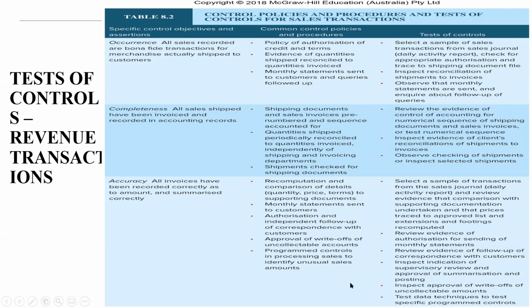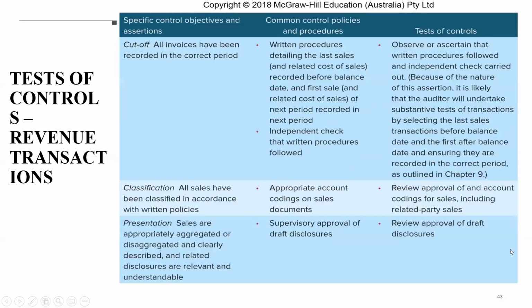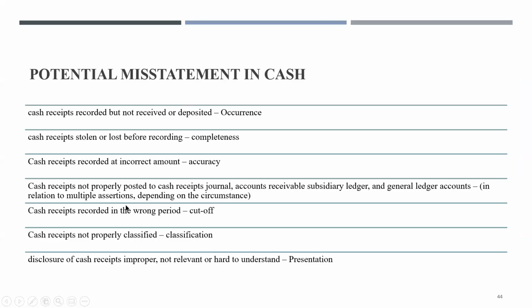And then for each of the typical control points, you would be able to design the proper test controls. Okay. So I just leave those tables for you to revise after the class. The same examples would also come for the cash collection.